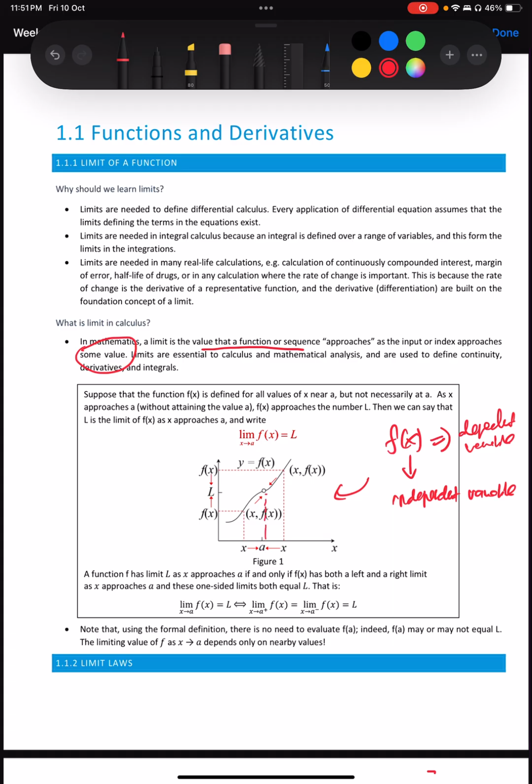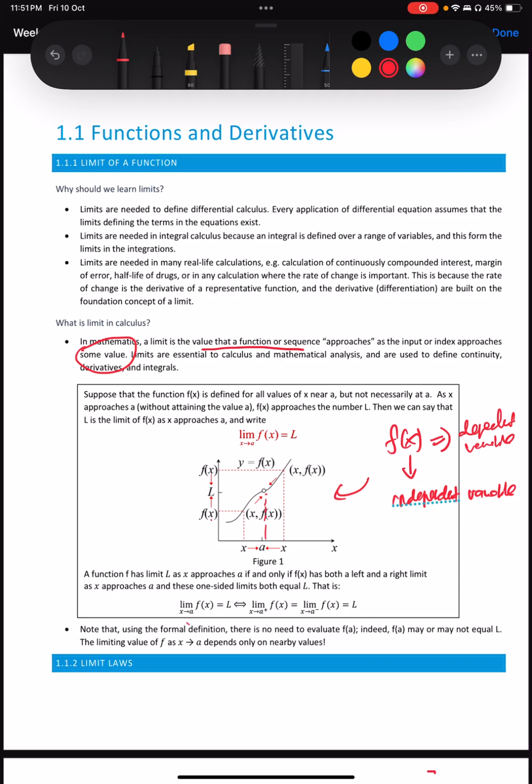So the limit for this function: a function f has a limit L as x approaches a, if and only if f(x) has both left and right limit. So we see that this function has a limit L if the left side and the right side have the limit. Meaning that it has a limit, it is quantifiable. It is a number. You didn't get infinity from left and right. So the limit still exists.